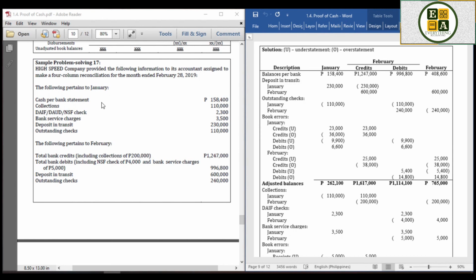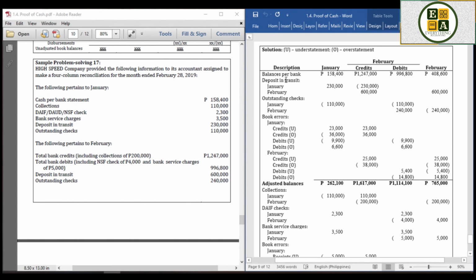Given dito sa problem, mostly are only bank balances. Wala tayong masyadong binigay na unadjusted book balances kasi yun yung ating kukunin. Okay, kasi nga bank to book, therefore kailangan natin i-adjust muna si bank before arriving with our unadjusted book balances. Medyo lengthy din yung ating problem solving 17, the same with the previous problems, yung problem solving 15 at saka yung problem solving 16. So, explain ko lang.